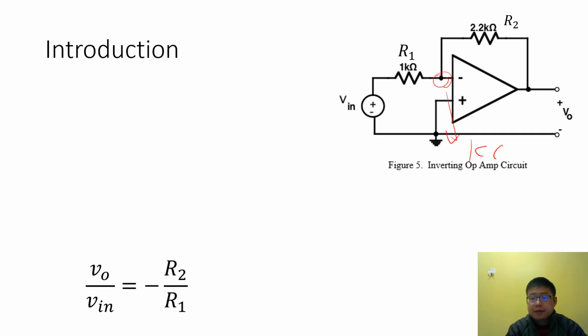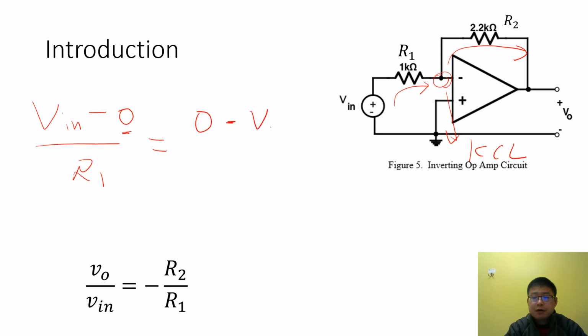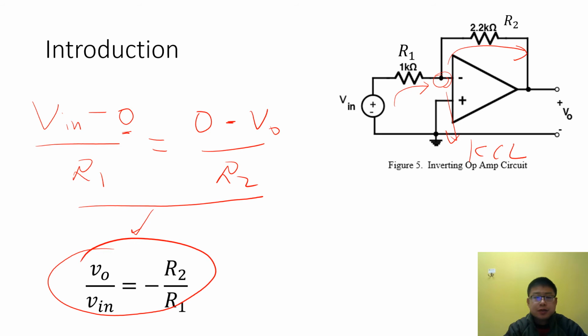The current flowing into this node should be equal to the current flowing out of this node. So we can write down the equation: (Vin minus 0), that is the voltage of this node, over R1 should be equal to (0 minus VO) over R2. By simplifying this equation, you can obtain the relationship between the input and output.